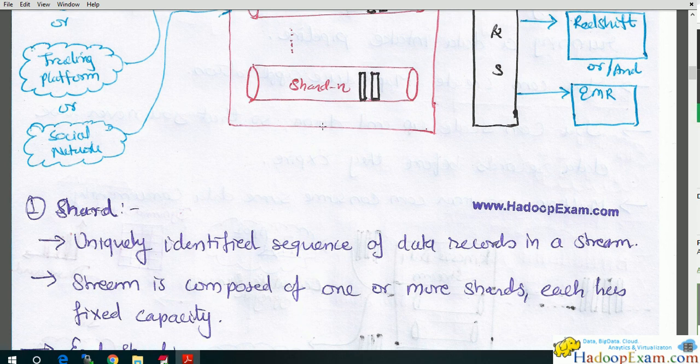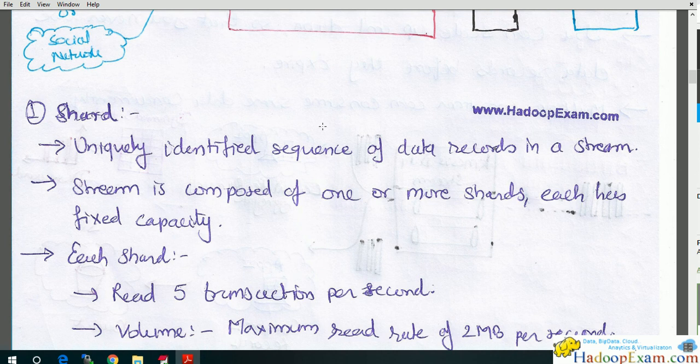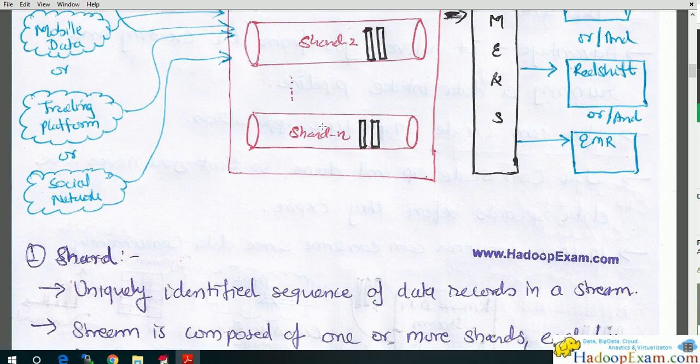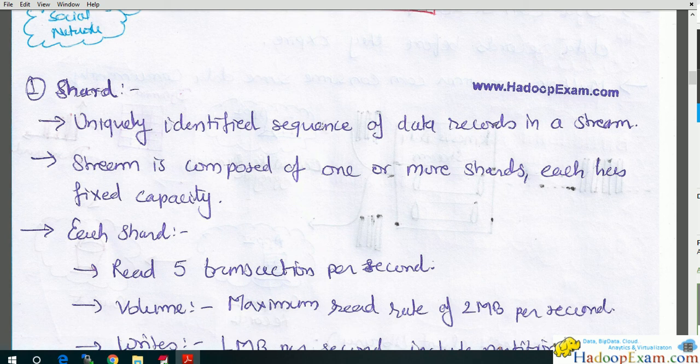Remember this from the exam perspective. Each shard supports 5 read transactions per second, which is the first limit. The other limit is volume: the maximum read rate is 2 MB per second. So you can do 5 transactions and 2 MB of data per second, either dividing 2 MB across the 5 transactions, or reading all records in one transaction of 2 MB.